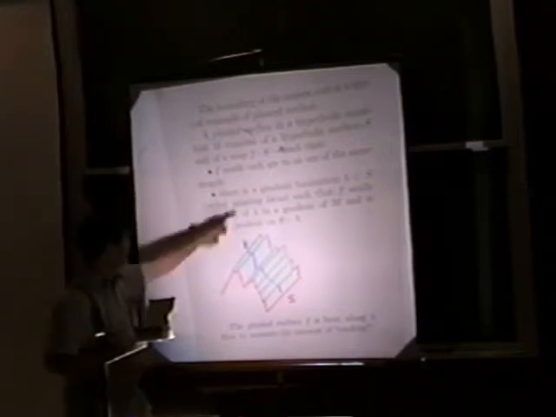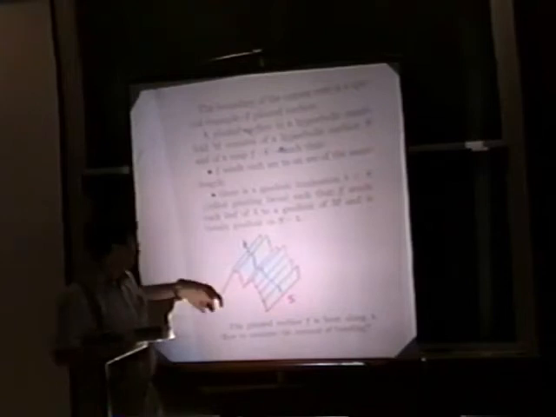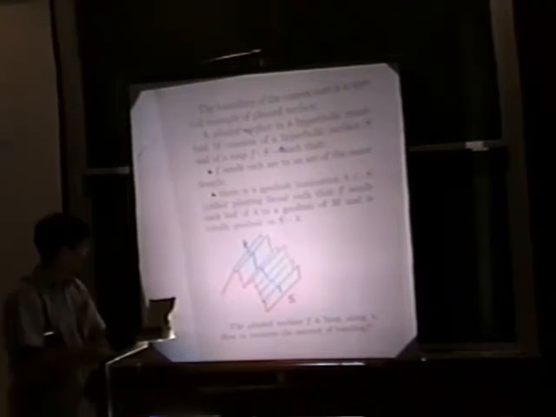And the second property is that there is a geodesic lamination lambda in that surface, called the pleating locus of the pleated surface, such that F sends each leaf of lambda to a geodesic of M, so F is straight on these geodesics, and totally geodesic on the complement, so flat outside of those.